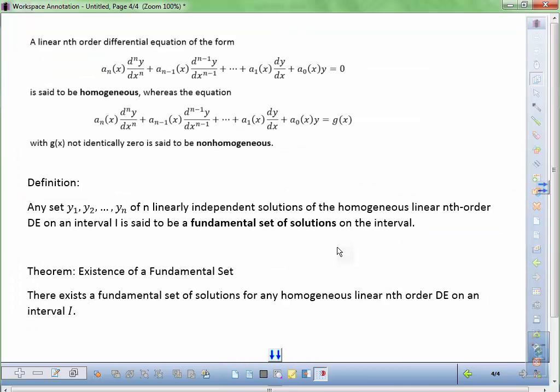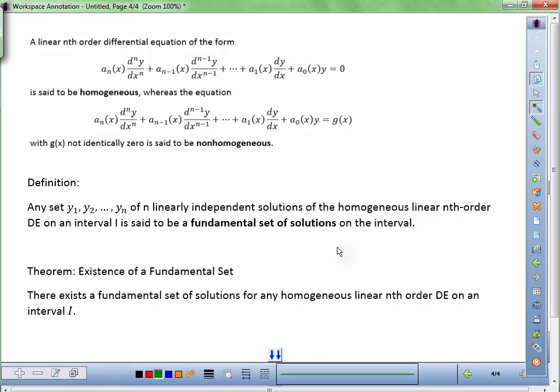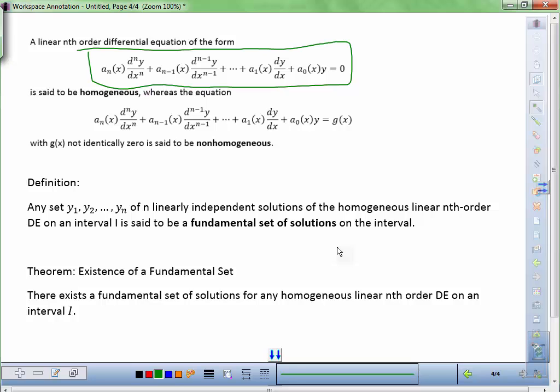So if we have a homogeneous differential equation like this first one, and this is an nth order differential equation, so if we found n linearly independent solutions, we introduced a superposition principle last time where if we just take those n solutions and multiply each by a constant and then add them all together, then we have another solution that's going to be our fundamental solution.